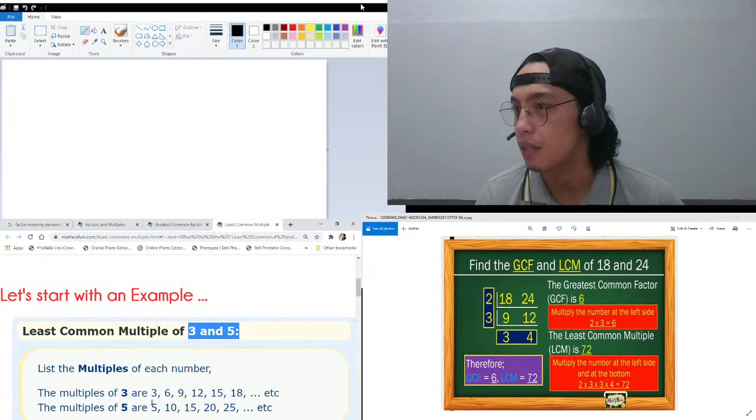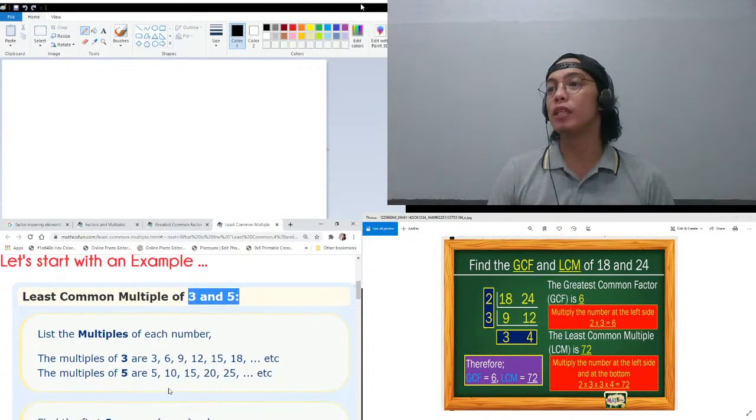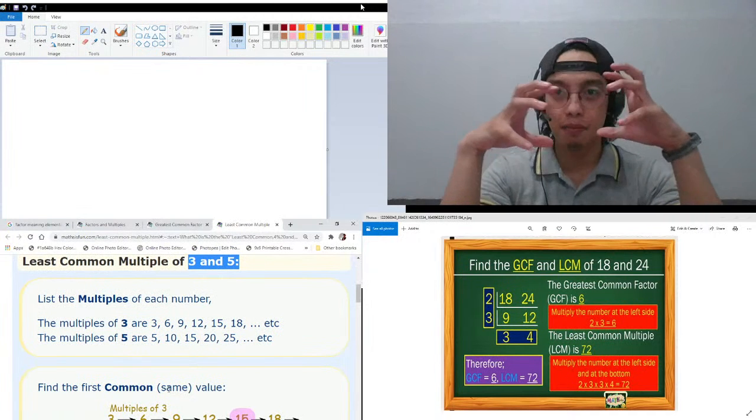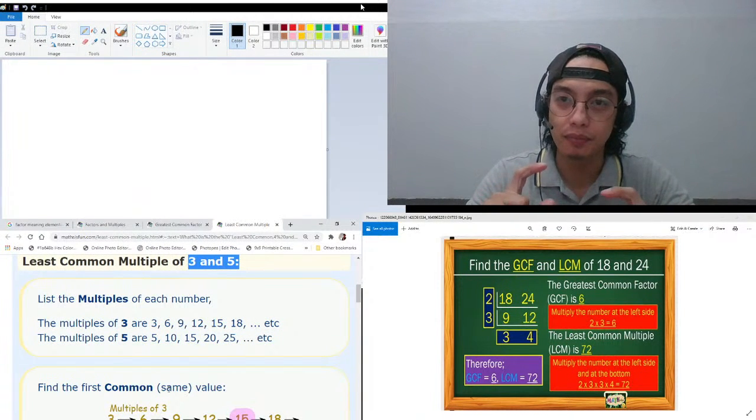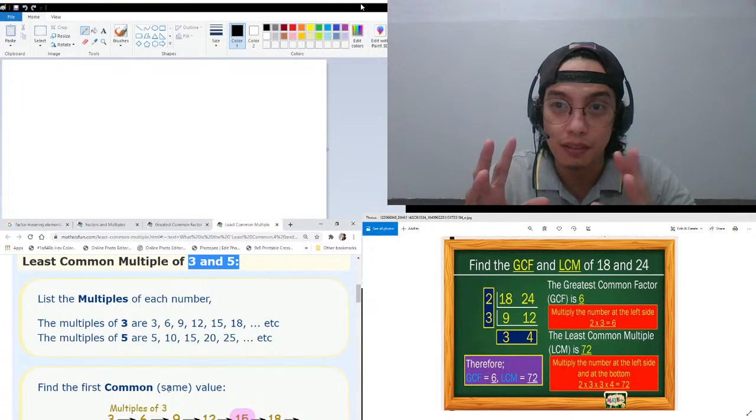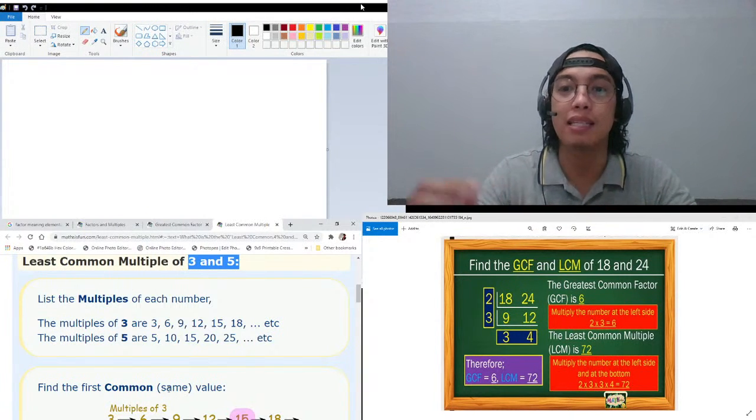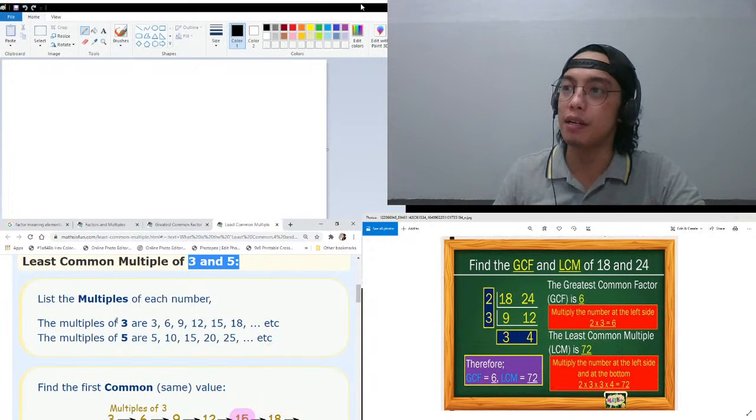5, 10, 15, 20, 25, 30, kana siya. Then, imo siyang mag-add ka sige this sa itself para mag-get yung multiple. So, for example, kaning 3.